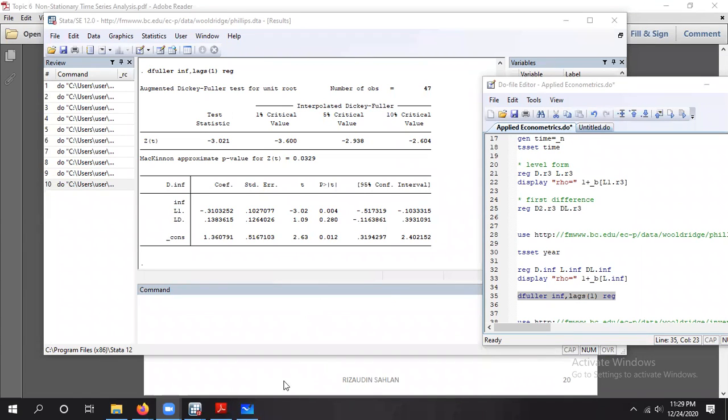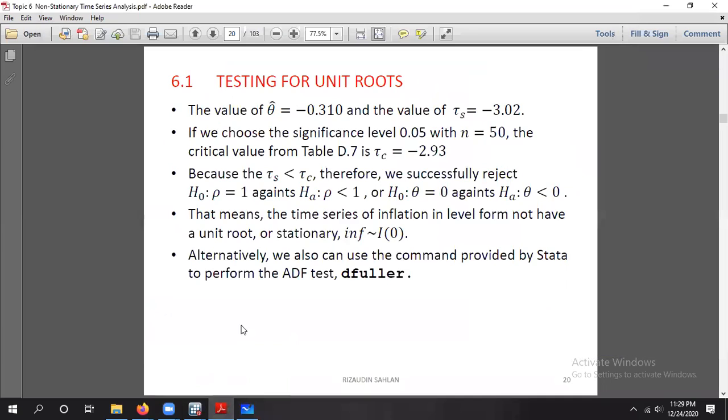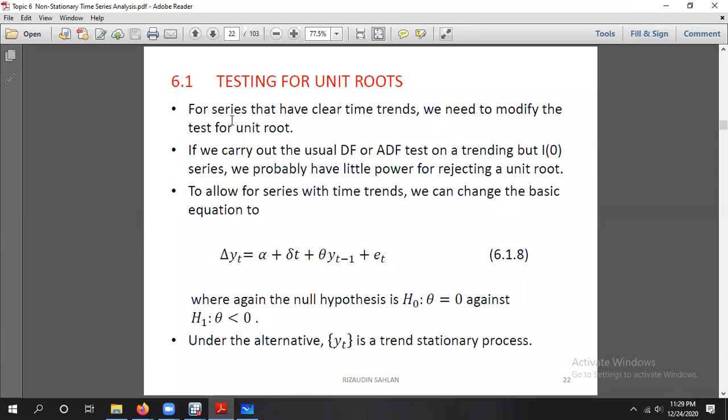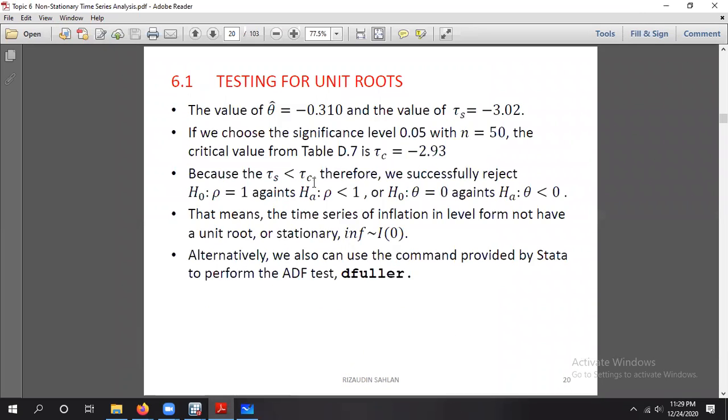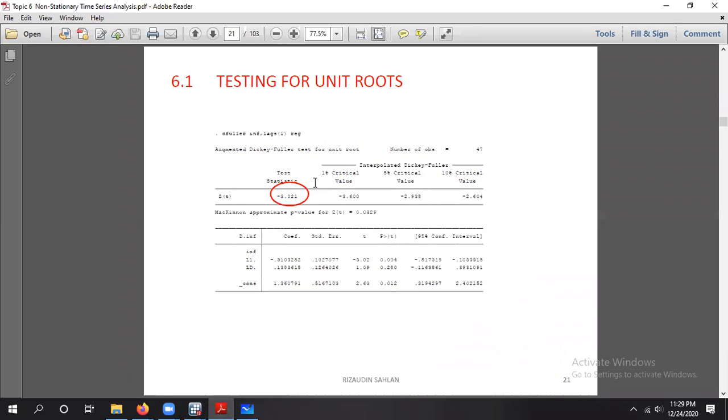So from this Dickey-Fuller result, we can see that for series that have a clear time trend, we need to modify. And from this example, we can conclude that our data is stationary because H0 is rejected.